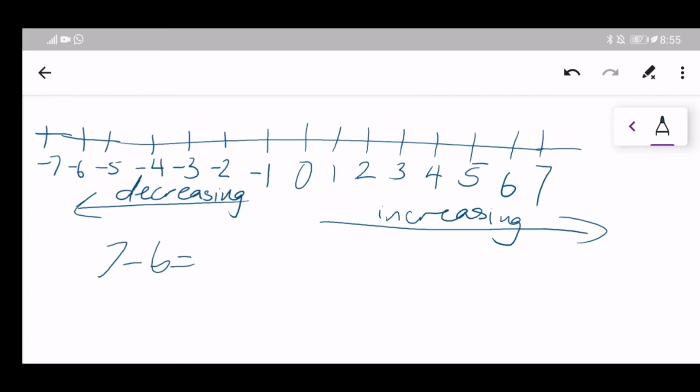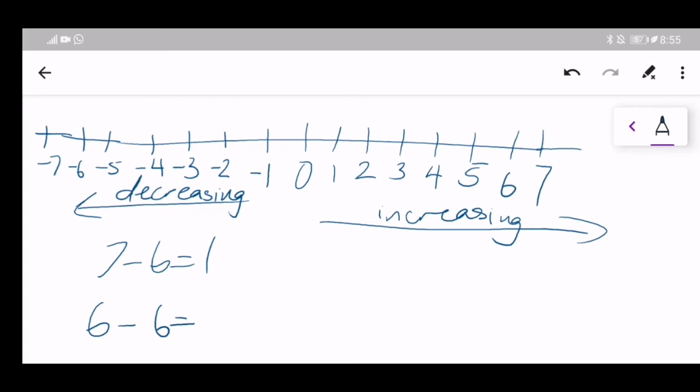We're starting at 7 and we're going this way 6 times. Let's see what we get. 1, 2, 3, 4, 5, 6. So 7 minus 6 is 1. Suppose we had 6 minus 6.